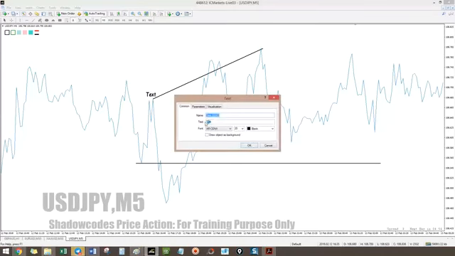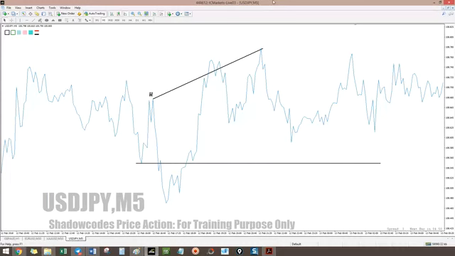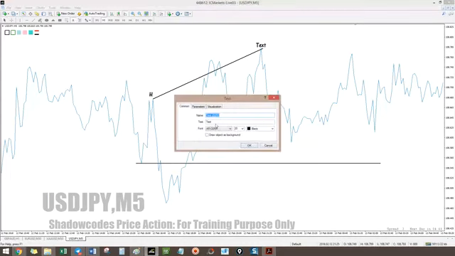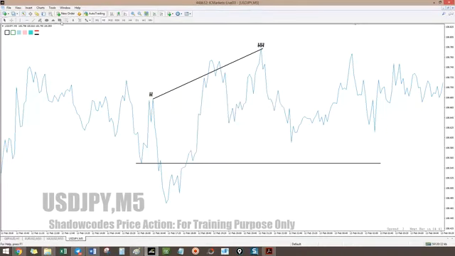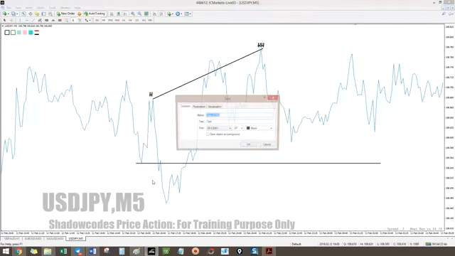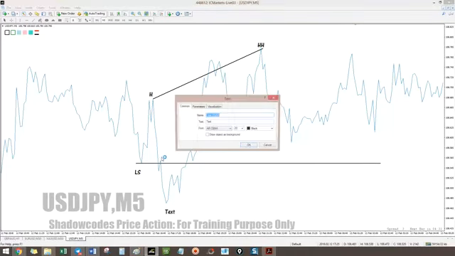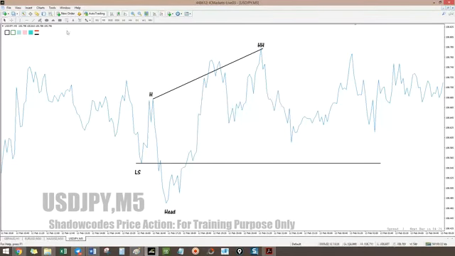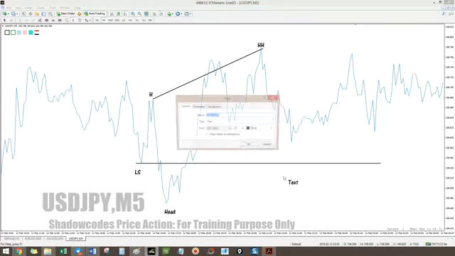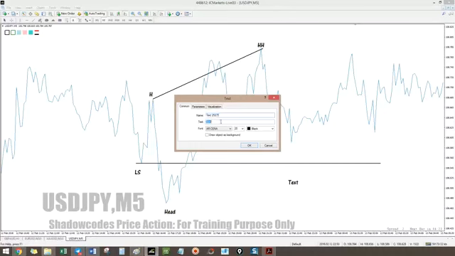This is our high, and this is our higher high. This is our left shoulder, and over here will be our head, and over here will be our RS or right shoulder.